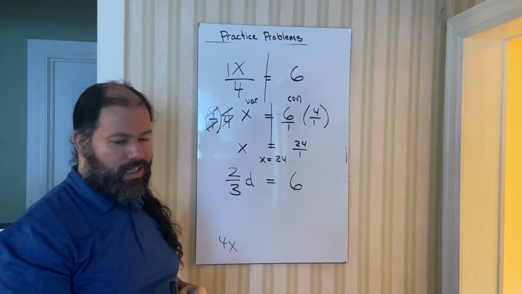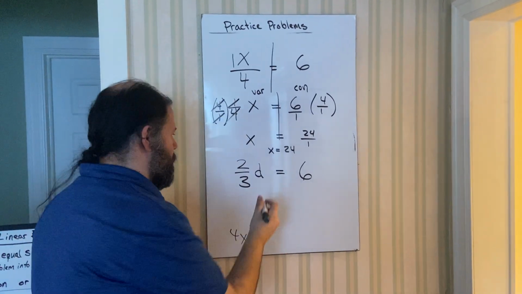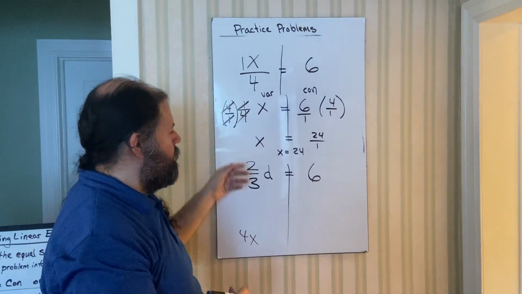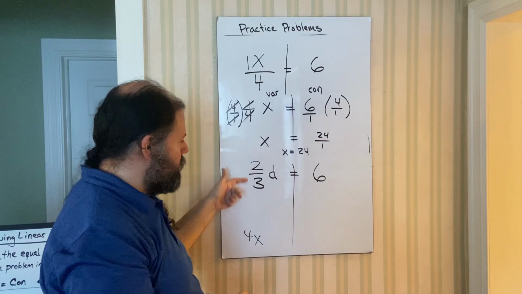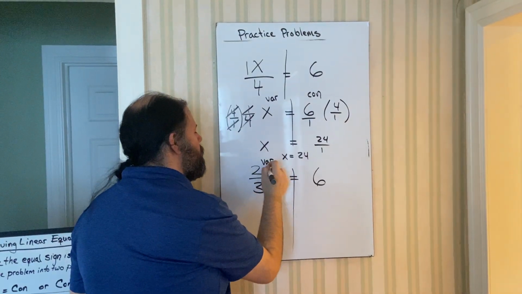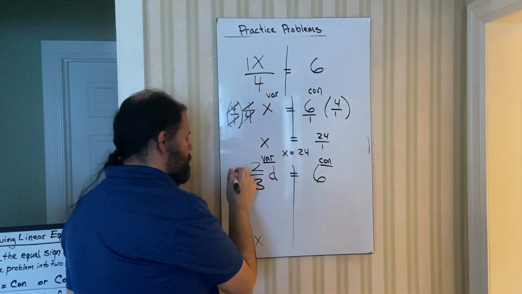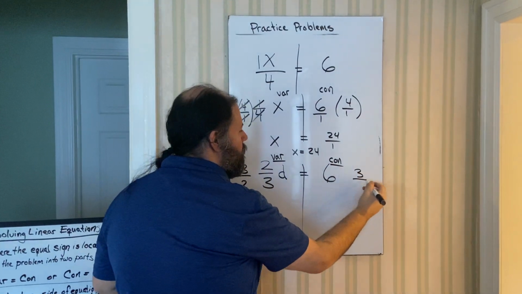For this other trick guy, remember, coefficient is a fraction. So just like we did here, but notice the d is away from the fraction, instead of divorcing, we are just going to do the reciprocal. So flip this, flip over here.